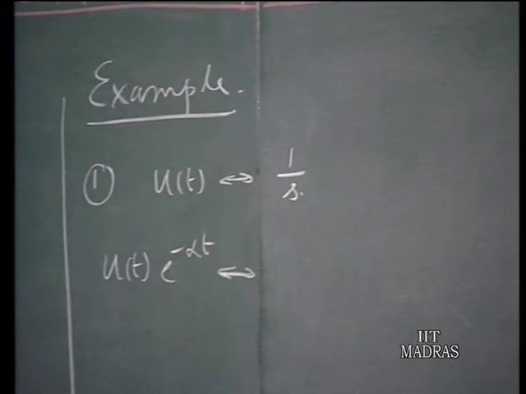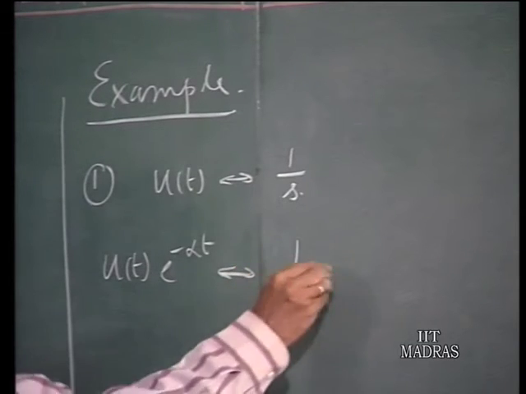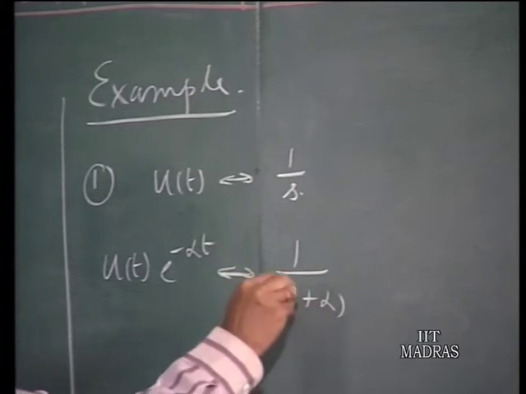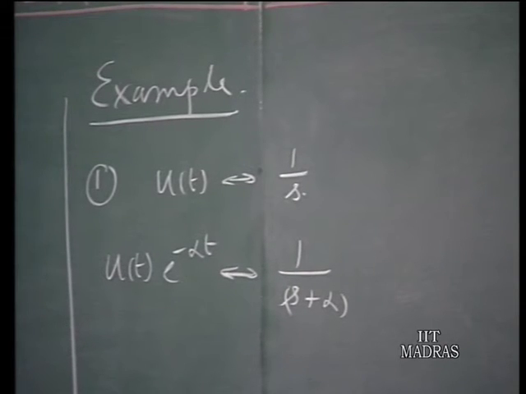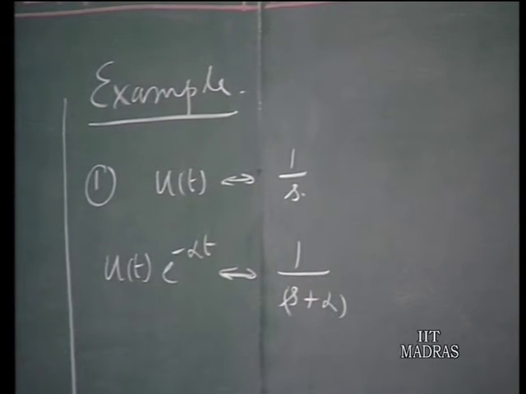According to this rule, instead of s we have to replace s by s plus alpha, that is all that we have to do. Therefore, this is 1 over s plus alpha. In other words, e to the power of minus alpha t u of t, which we derived earlier from fundamentals, could have been derived by applying this rule of shift in frequency domain corresponding to a multiplication by e to the power of minus alpha t.